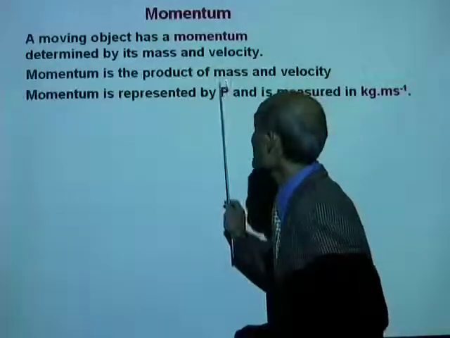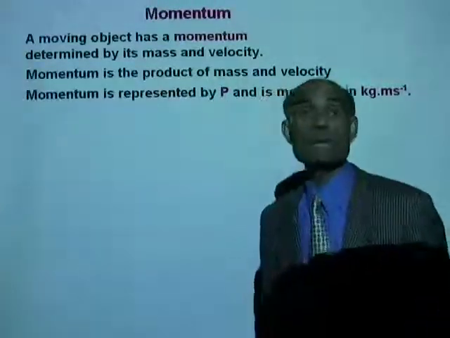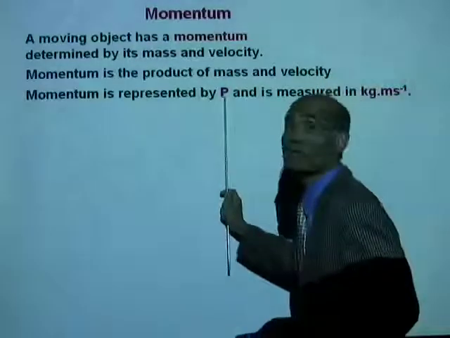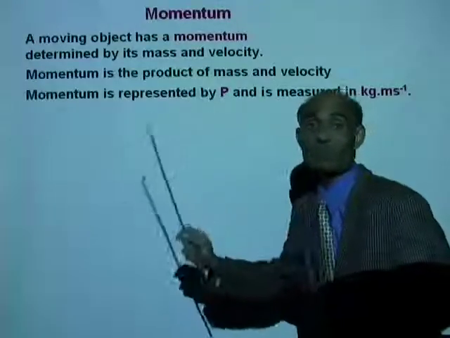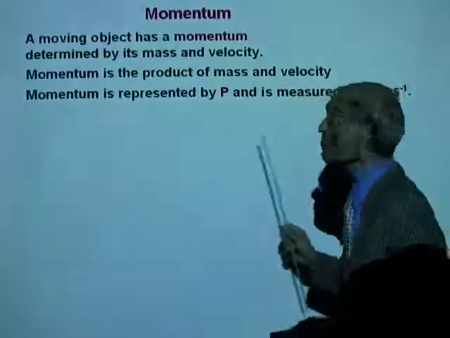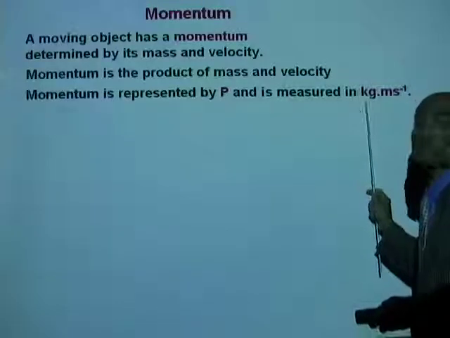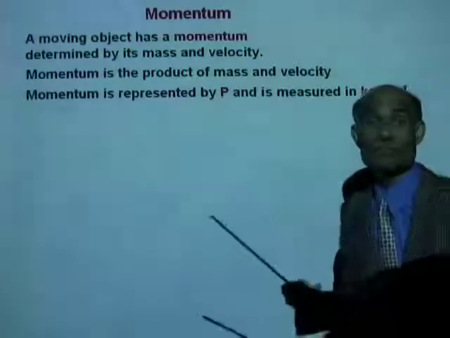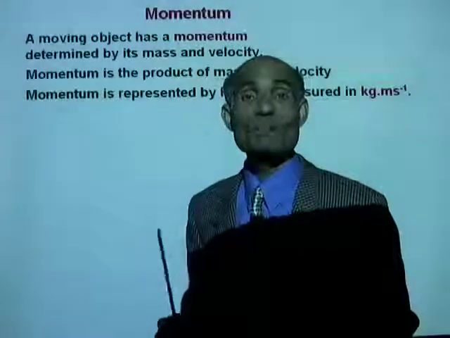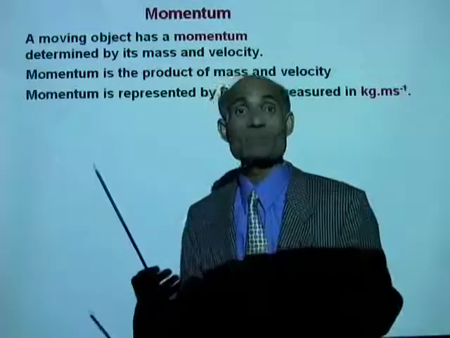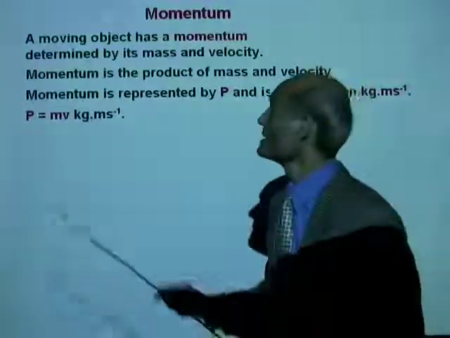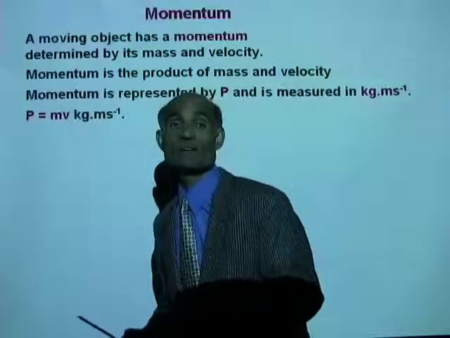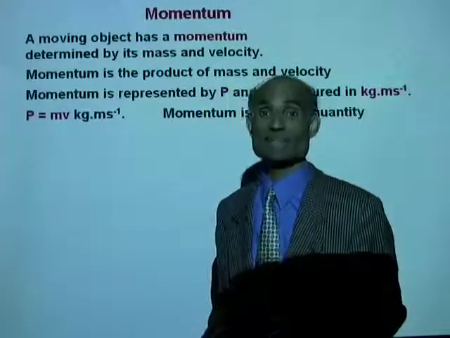We will represent momentum by the uppercase P, and if you measure momentum as the product of mass and velocity, what will be its unit? Mass is measured in kilogram, velocity is measured in meter per second, therefore momentum will be measured in kilogram meter per second. So P equals m times v, in kilogram meter per second.